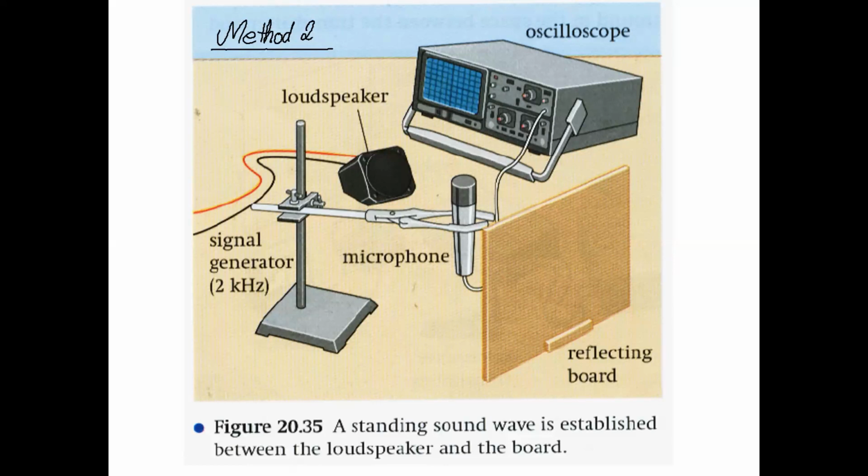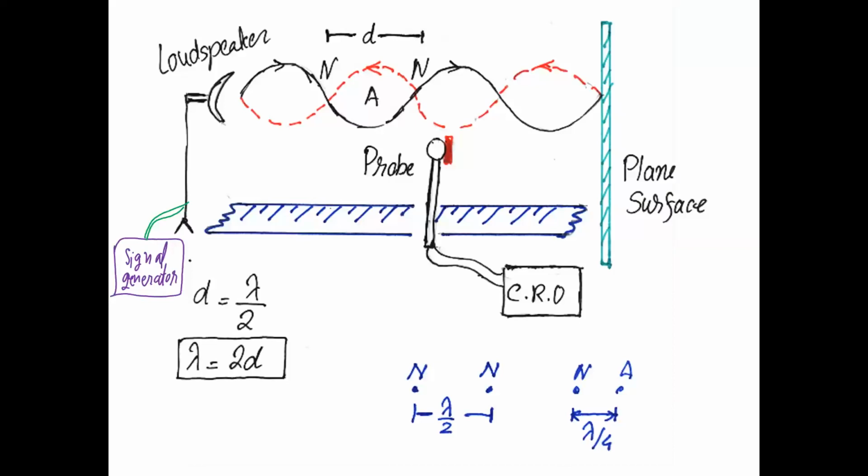A microphone is there to detect the reflected signal. The plan is the same as the microwaves that will cause a reflection. The loudspeaker will generate a sound signal. It will rebound from the plane surface and superposition occurs. Same procedure.